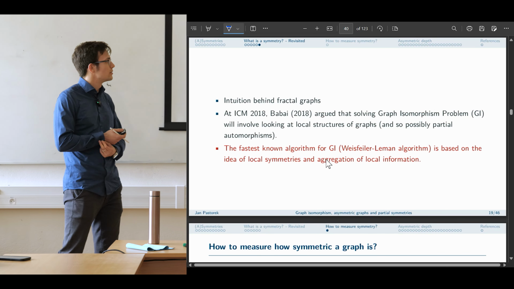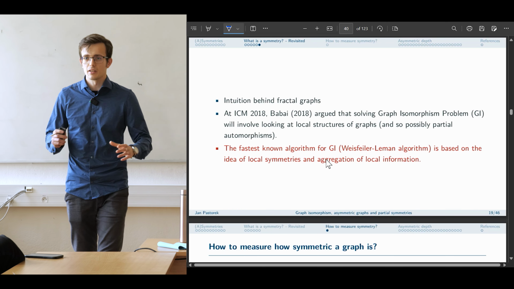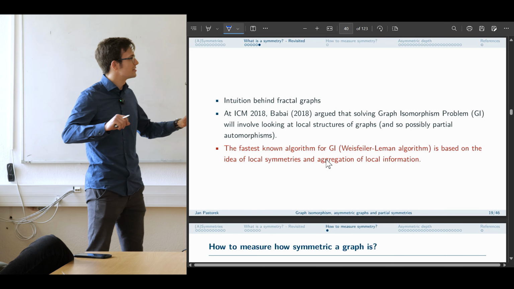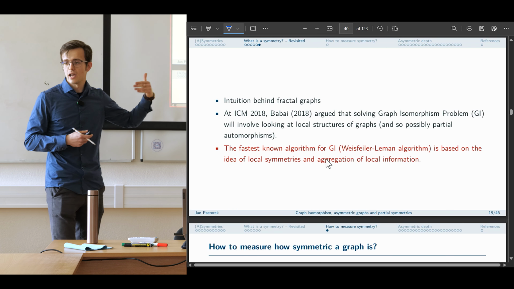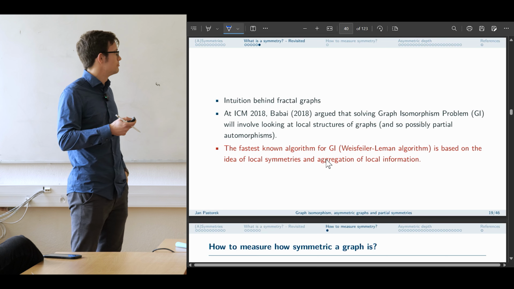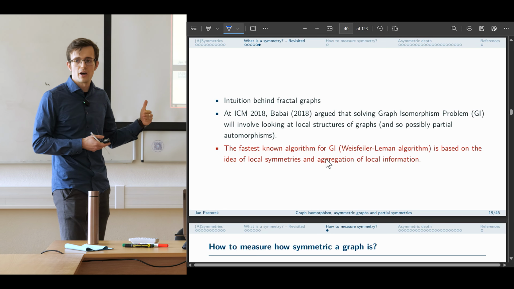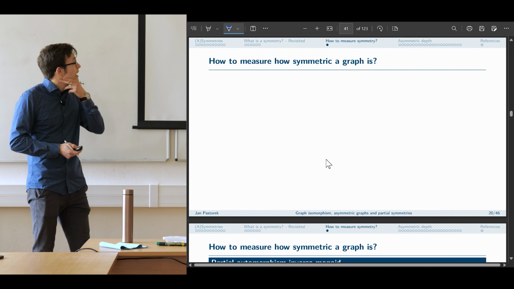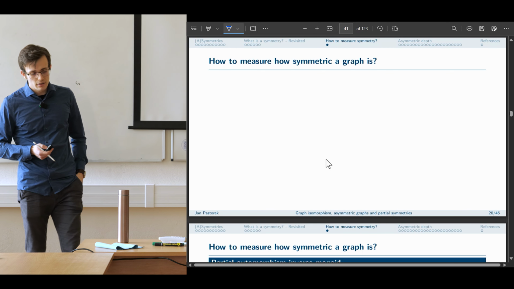And also the fastest known algorithm for the graph isomorphism problem, which is Weisfeiler-Lehman, okay, black box, but it's fast, is based on the idea of local symmetries and aggregating local information. So we want to study how asymmetric graphs are from the perspective of partial automorphisms, and so we define a measure to do that.